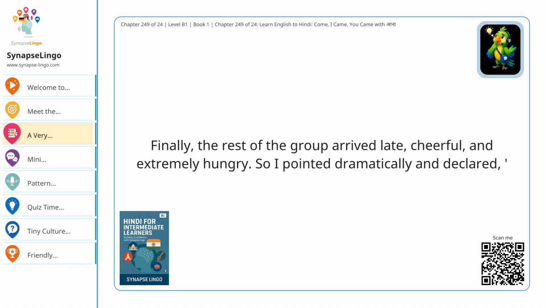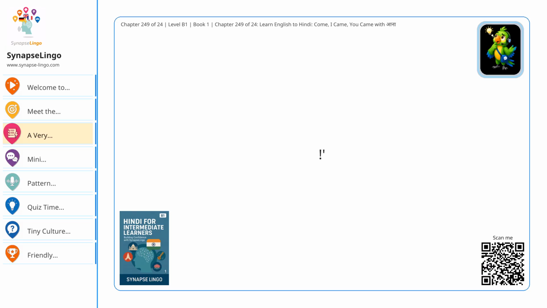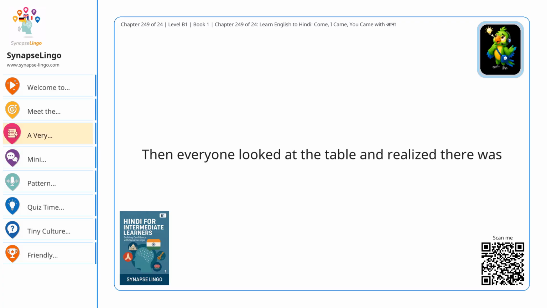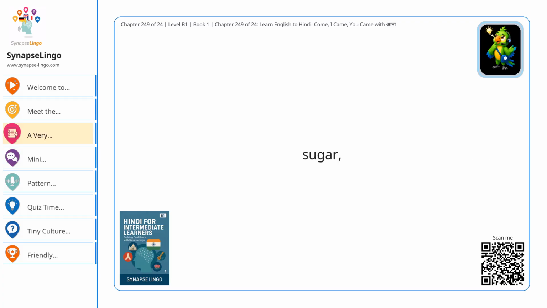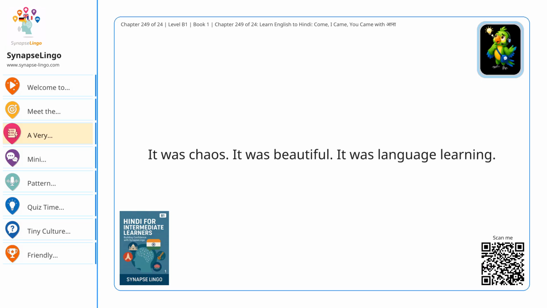Finally, the rest of the group arrived late, cheerful, and extremely hungry. So I pointed dramatically and declared, वे आए! Then everyone looked at the table and realized there was कम sugar, कम milk, and somehow कम chairs than people. It was chaos. It was beautiful.